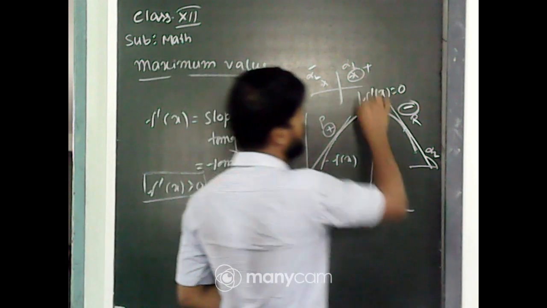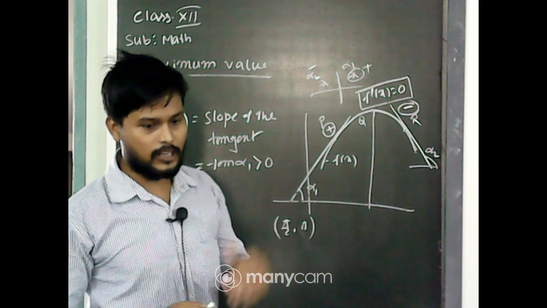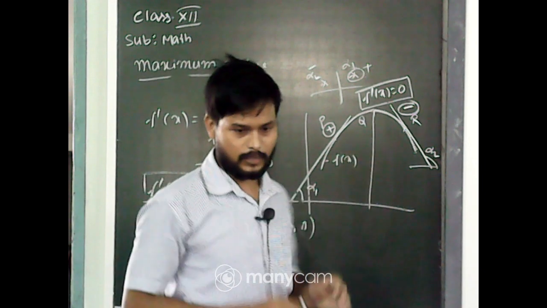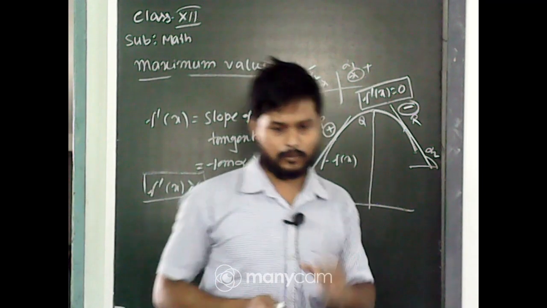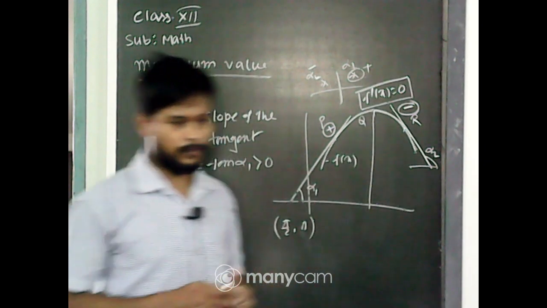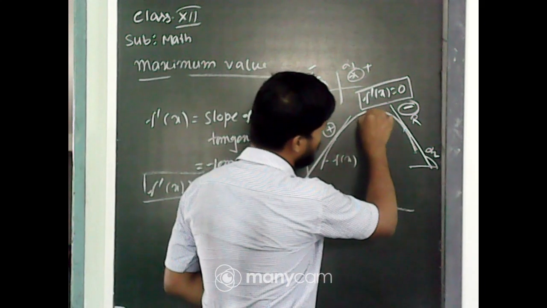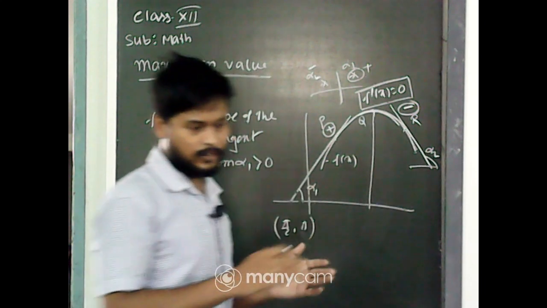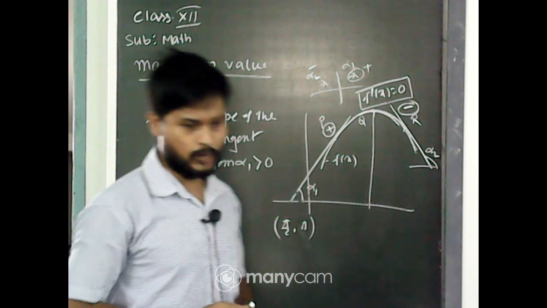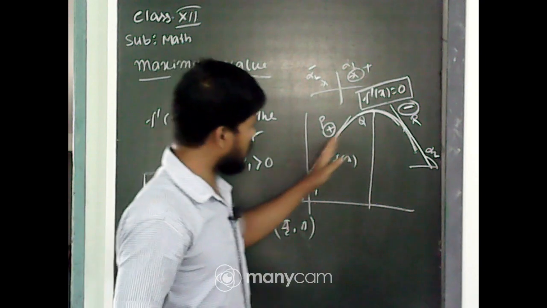This point is called the critical point or the turning point of the curve. I think you are familiar with the word critical point. It is called a turning point because at this point the curve changes its nature, turning from positive to negative.